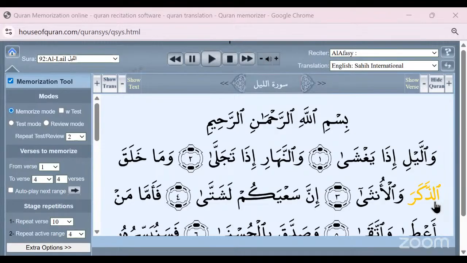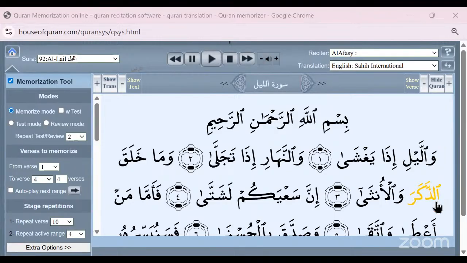Do you get it now? Yes. Dhal is a sun letter. Hamza is a moon letter. So because Hamza is a moon letter, the Laamut-Ta'areef gets sukun. Because this Dhal is a sun letter, the lam gets no sukun. It gets nothing.